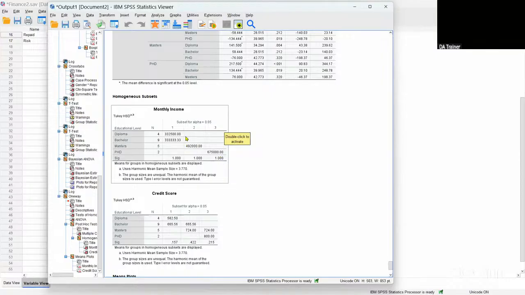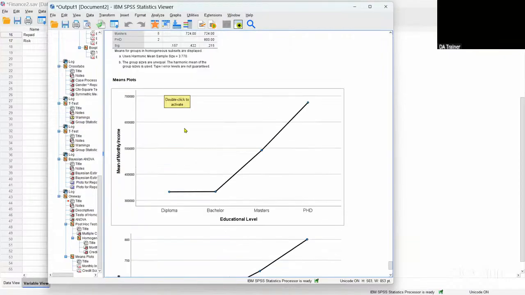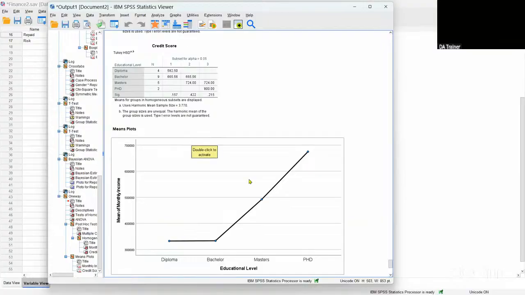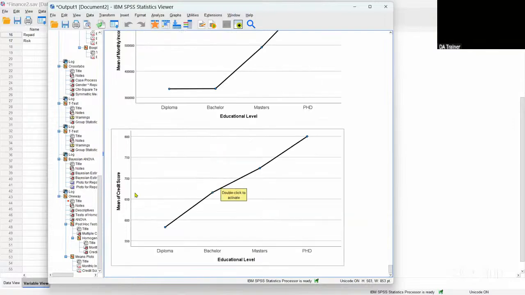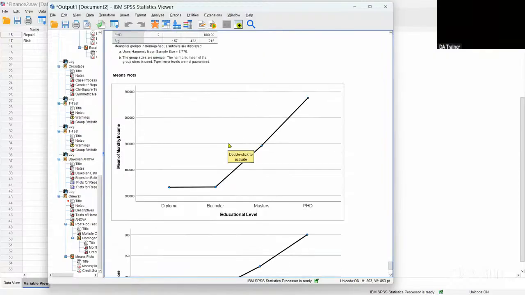And then we have the mean plots, on a straight line, which is a linear map. The mean credit score is here, and these are key information that these two indices can run on a very smooth agreement.